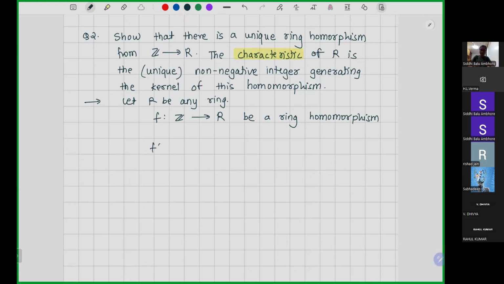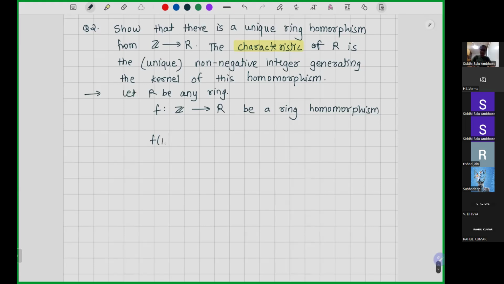Then clearly, where does f of 1 go? Since we are in Z, I'm not writing 1 sub Z, it is just our normal 1. It goes to 1R, the multiplicative identity of R.